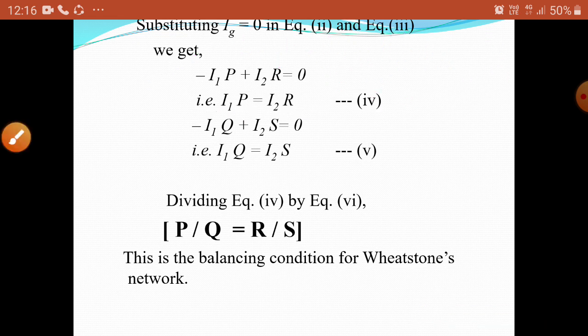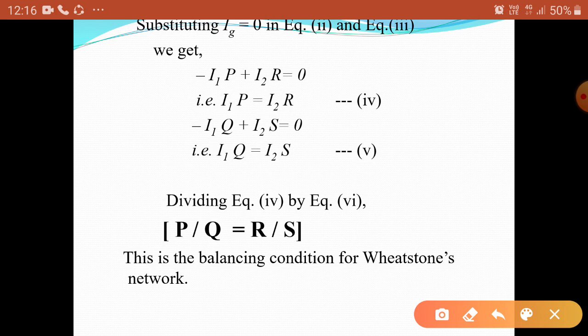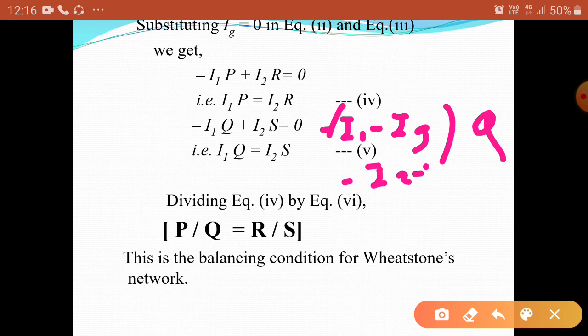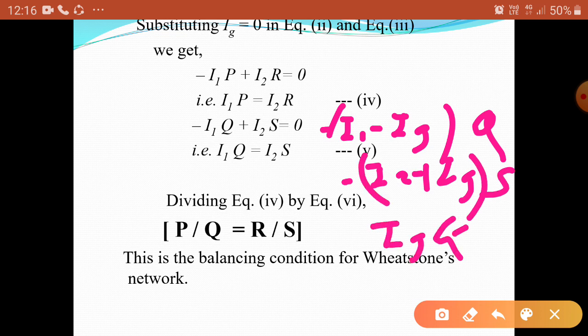Again, the next equation we can represent here: minus (I1 minus Ig) into Q plus (I2 plus Ig) into S plus IgG, its addition is equal to 0.